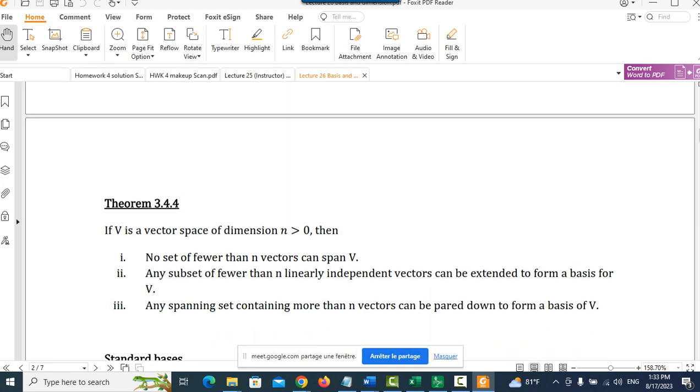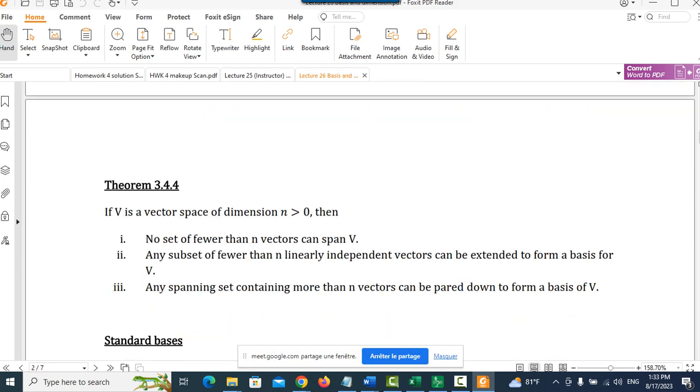Now theorem, that was theorem 343. If V is a vector space of dimension n greater than 0, then no set of fewer than n vectors can span V. So V is a vector space of dimension n, which means it is spanned by n vectors.